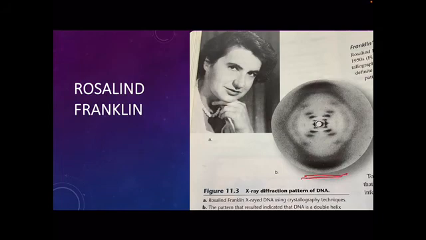From this technique, Watson and Crick got the idea of the exact spiral and double helical structure of DNA. With the help of this technique, they presented the DNA model. So DNA was discovered by Watson and Crick in 1953, and they got the Nobel Prize in 1962.